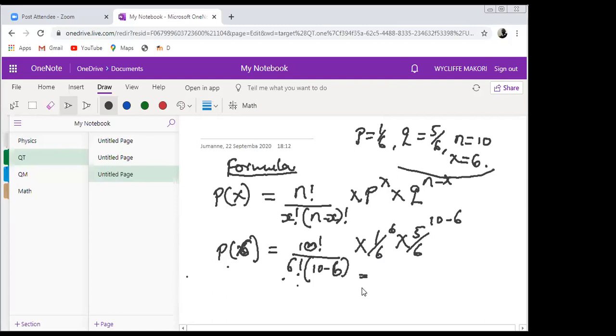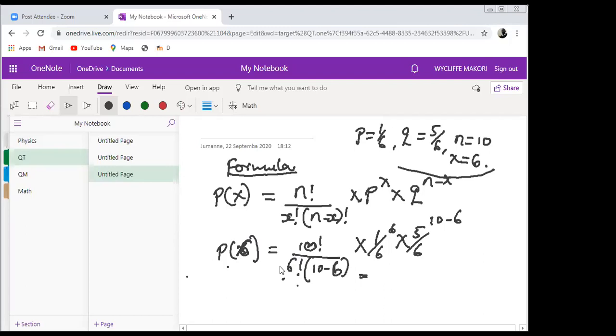I want you now to take your calculator. This can be done very fast using the calculator. If you have your calculator with you, you can get the 10 factorial. There is a button just below the shift button, and on top of it there is x factorial.